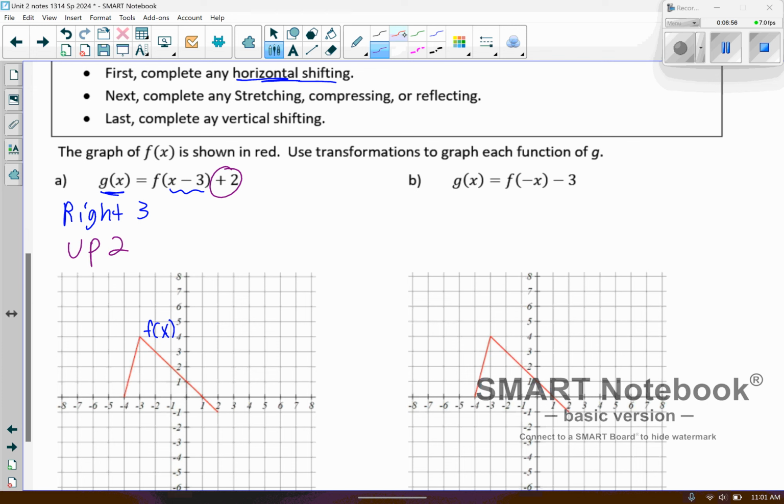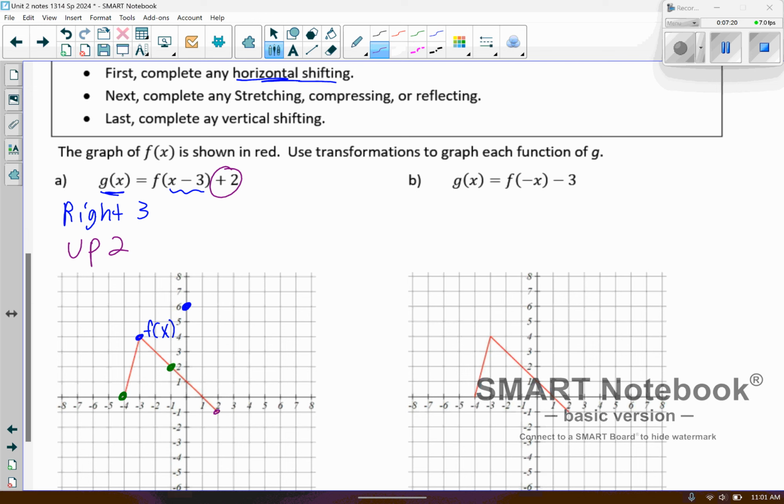And so we're going to take these points and move them like so. We're going to go right 3 and then up 2. So right 1, 2, 3, up 2. So I land right there. That's where that first point's going to end up. Then let's see this point right here. We're going to go right 3, 1, 2, 3, and then up 2 spots. So I end up right there on the y-axis.